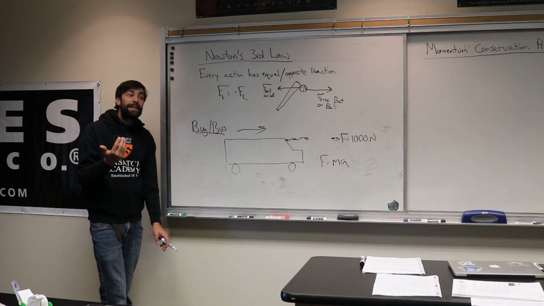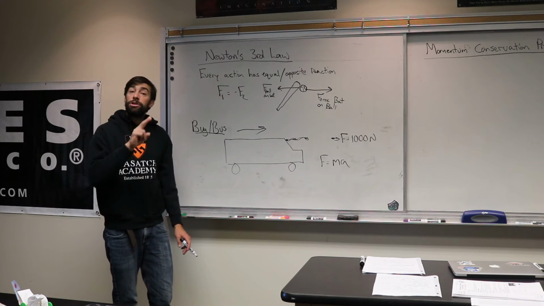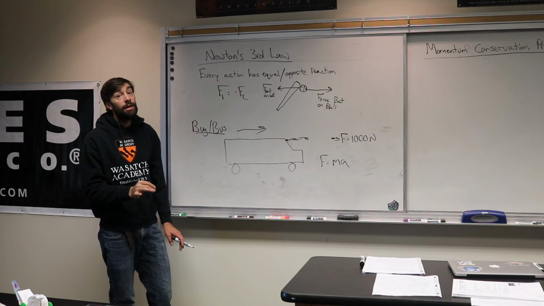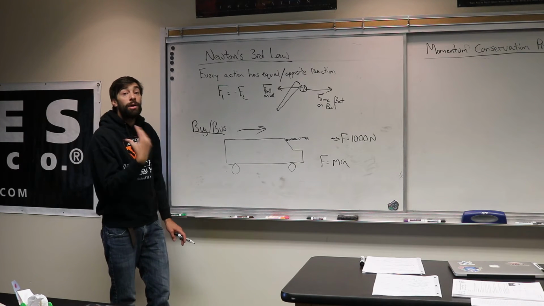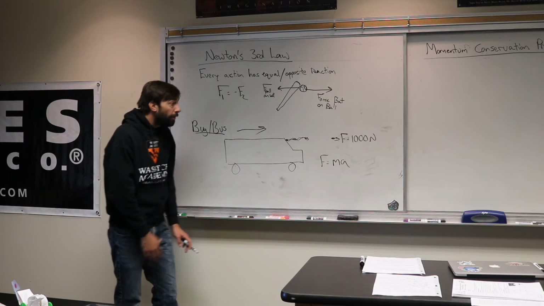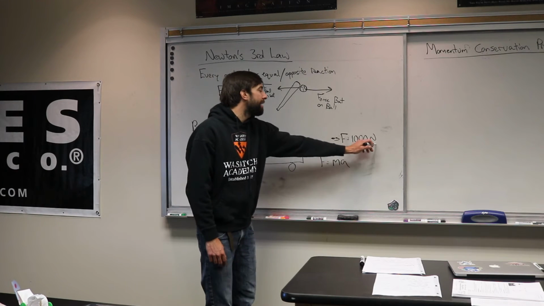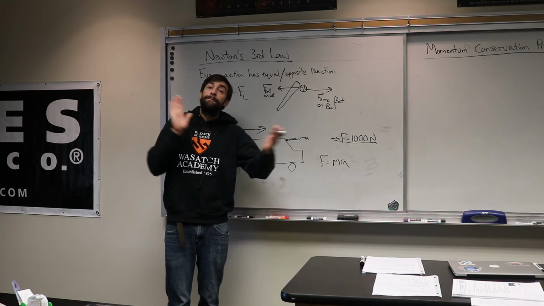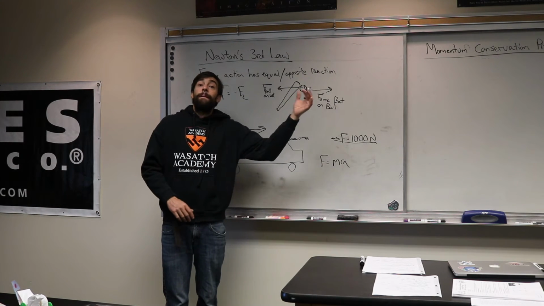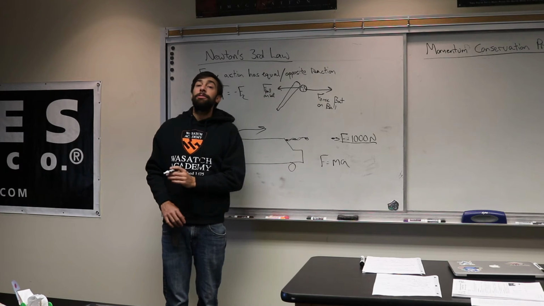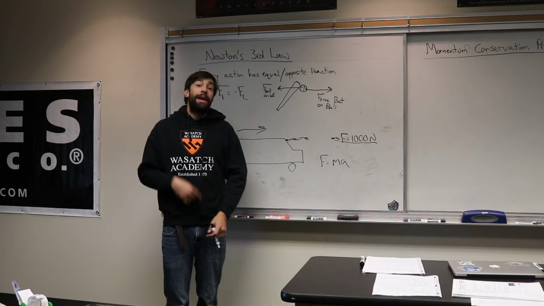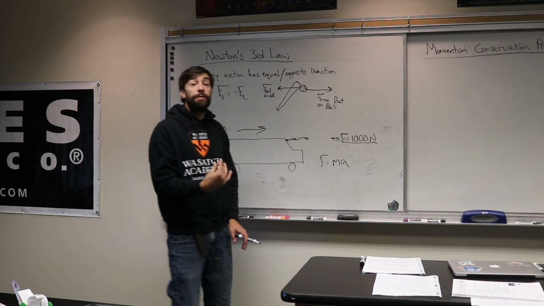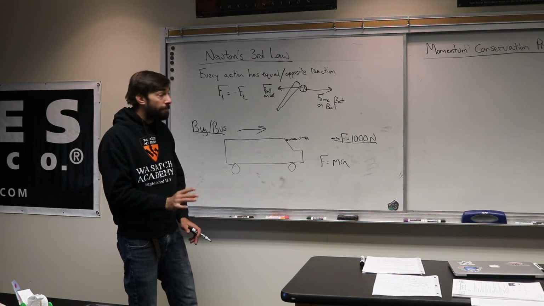Well, yeah, they do, but two distinctly different things happen, one to the bus and one to the bug. So let's say there's a force of 1,000 newtons. When that bug hits the bus, the bug applies 1,000 newton force to the bus, and the bus applies 1,000 newton force to the bug, right?